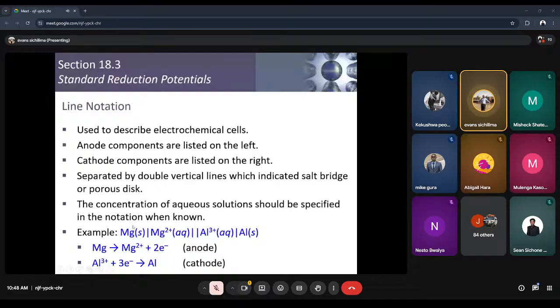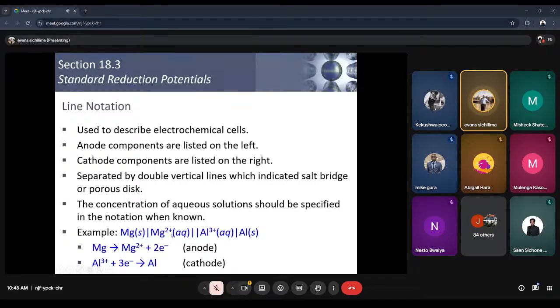This is just an example. We have magnesium solid being transformed to magnesium 2+ in aqueous solution. You can see that this process is oxidation, because magnesium is losing electrons.